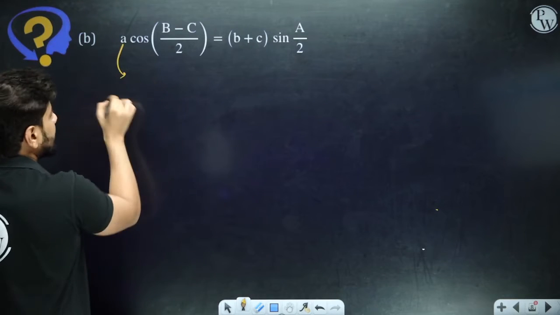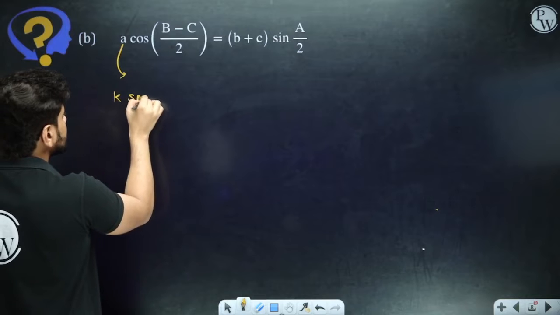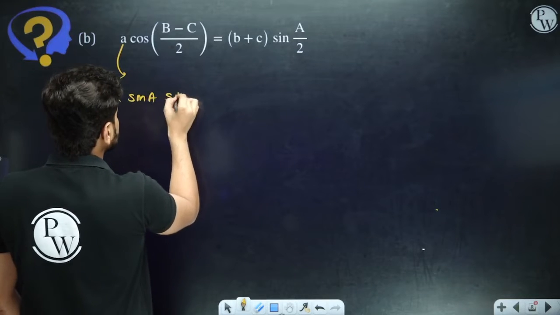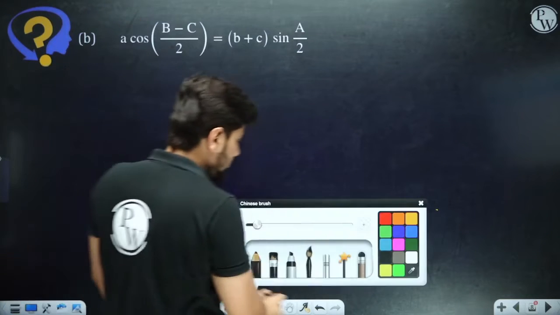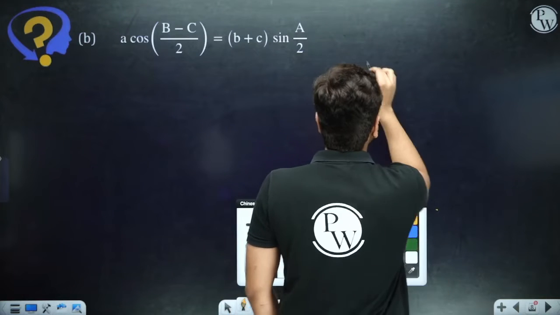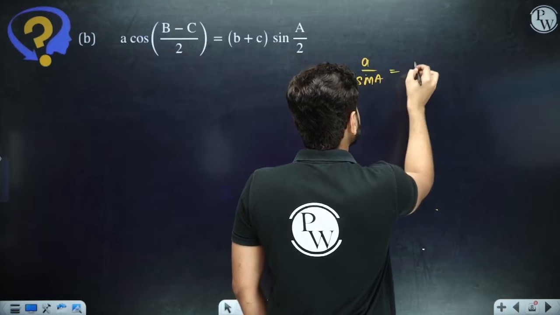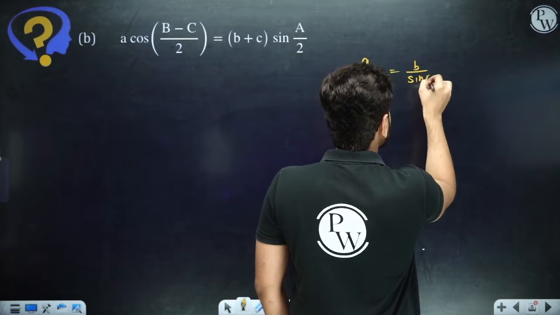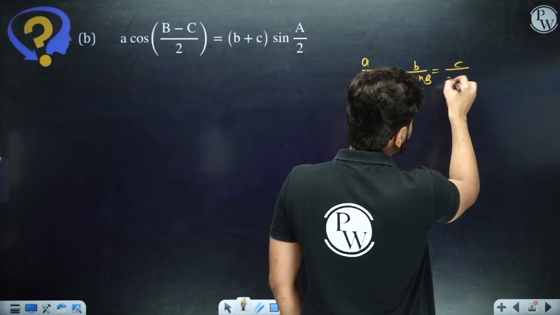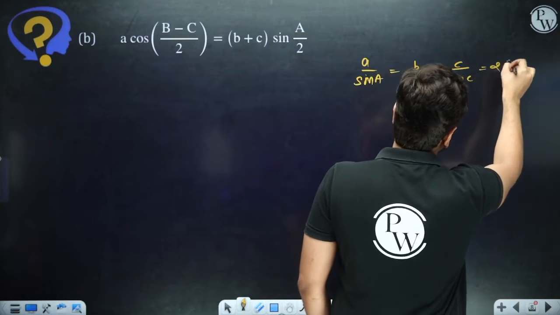You can write A as k sine A, or instead of k, use 2R only. Because we know that A by sine A is equal to B by sine B, that is equal to C by sine C, and that is equal to 2R.